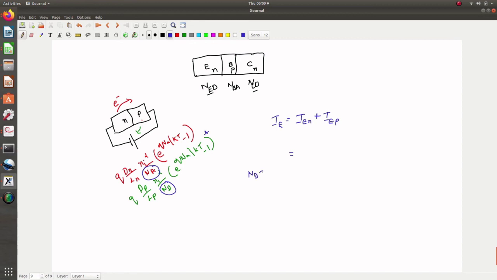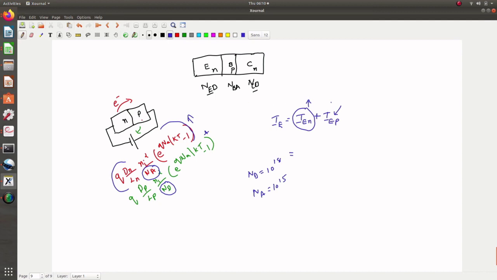If Nd is 10 raised to 18 and Na is 10 raised to 15, which means the emitter is heavily doped, more impurities are added, and the base is lightly doped, so this term will be more. We need this term to be more when compared to this term.